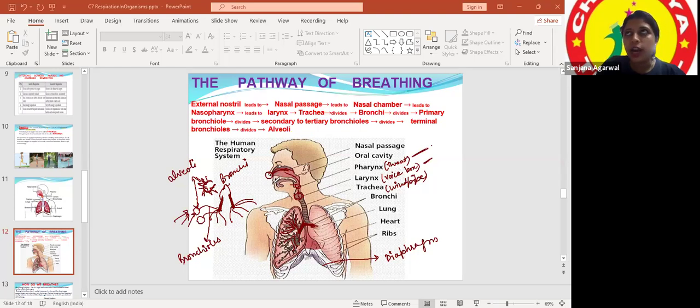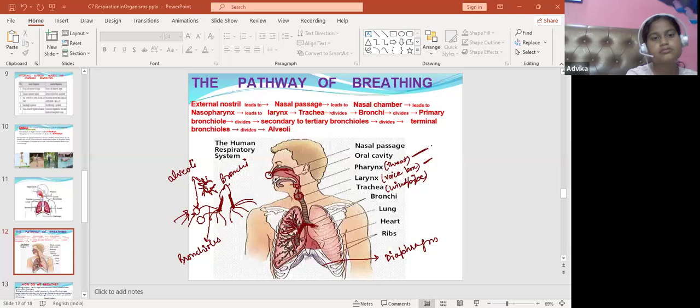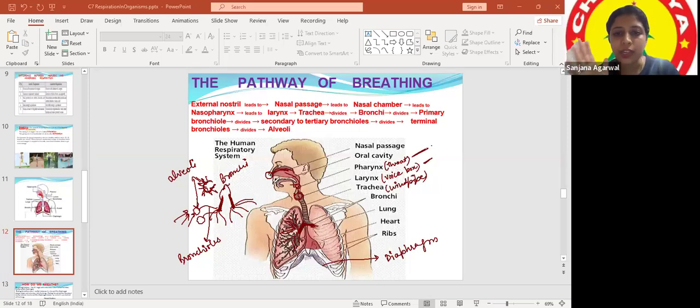The alveoli are where the lungs and blood exchange. Put a hyphen and you can write further, where the lungs and blood exchange oxygen and carbon dioxide during the process of breathing in and breathing out.